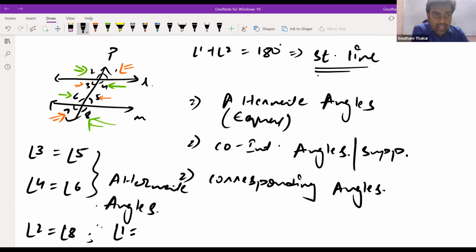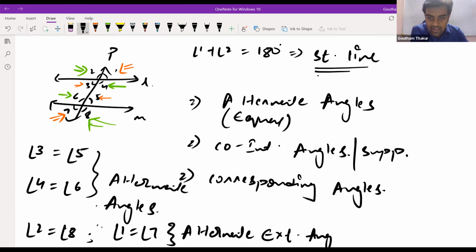These are called alternate exterior angles. Okay. Clear till here?